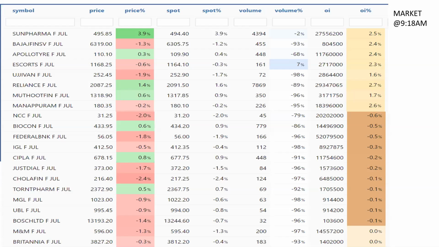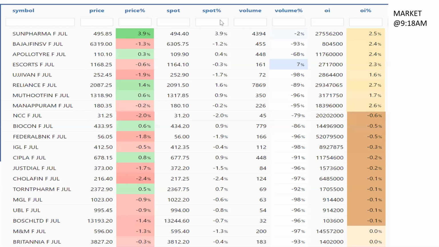So I took Reliance, and the highest price was Sun Pharma with also very good open interest. So I chose Sun Pharma, I chose Reliance as my bullish pick, and for my bearish pick I picked up Ujjivan, and for my long unwinding I picked up NCC and Federal Bank.